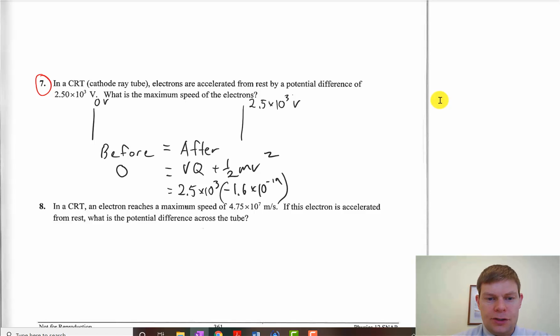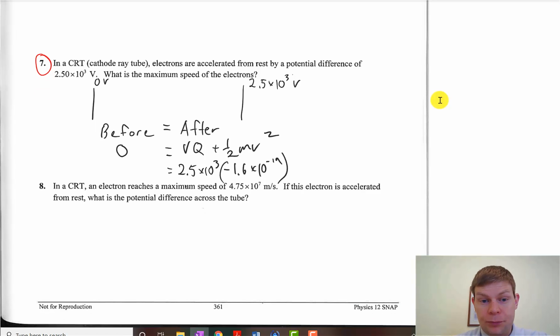So that gives a bunch of negative potential energy, and then to cancel that out, we're going to need a pile of positive kinetic. Whatever the mass of the electron is, I think it's 9.11 times 10 to the negative 31, but not 100% sure. So I'll just write this in. You can look it up in your data pages.